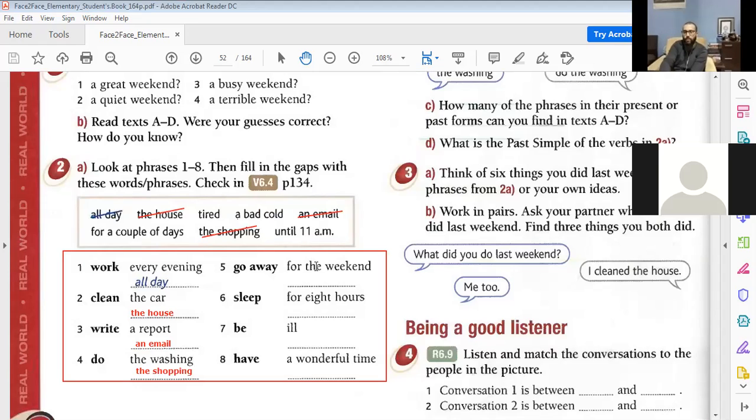It says go away for the weekend or go away for a couple of days. Right, for a couple of days.